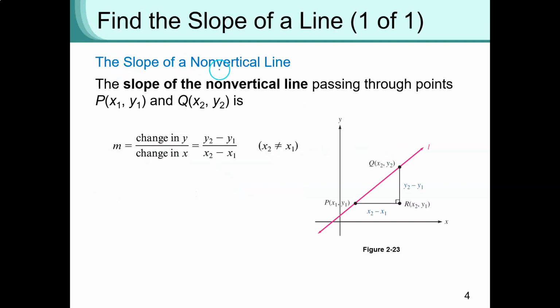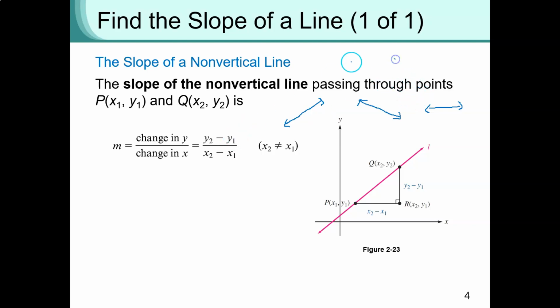The slope of a non-vertical line could be positive, which is a going up direction line. You might have the slope going down, or a horizontal line direction. But not a vertical, because the vertical line has no slope.